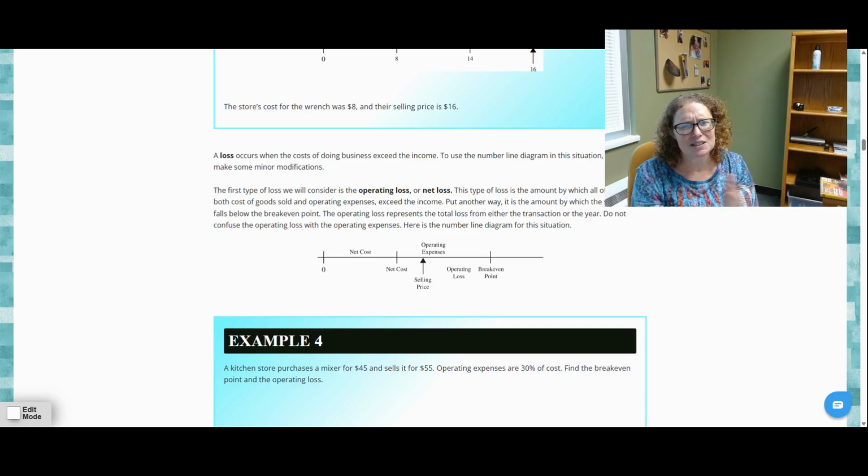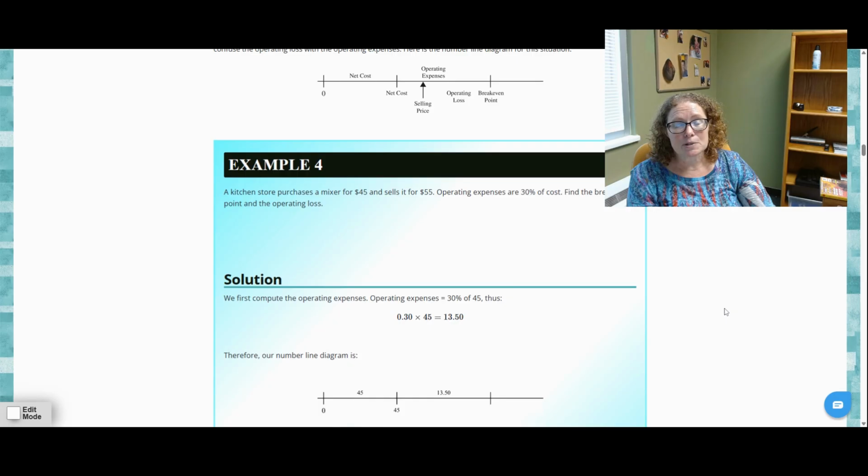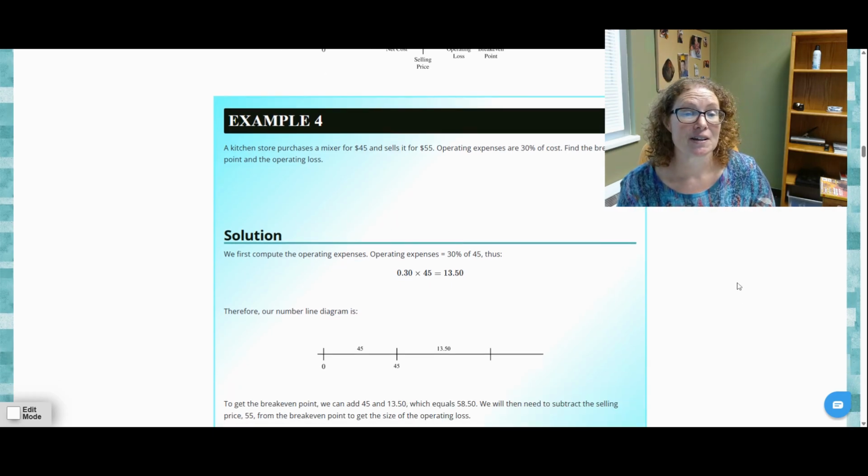So see, it's shifted a little bit because of the fact that we're looking at the loss for these items. So for an example, so we set it up, a kitchen store purchases a mixer for $45 and sells it for $55. Operating expenses are 30% of the cost. So we want to find the break-even point and the loss.